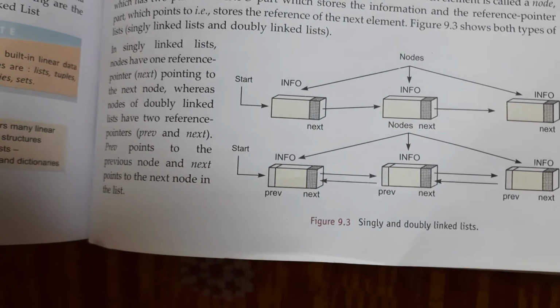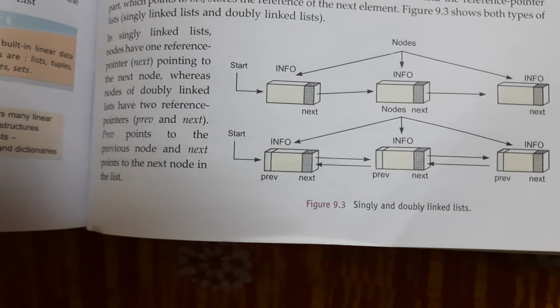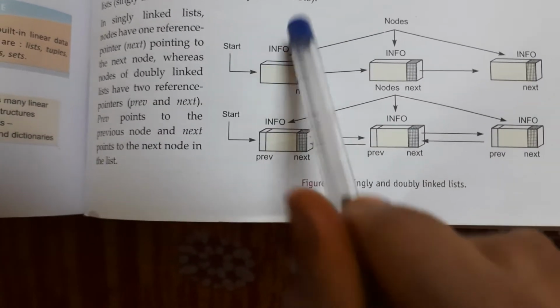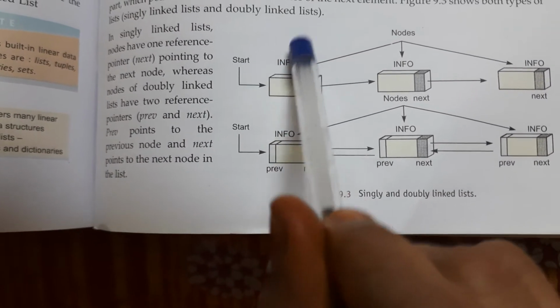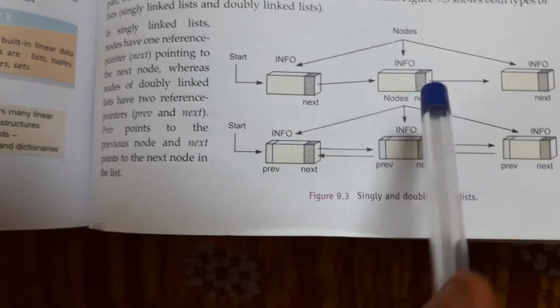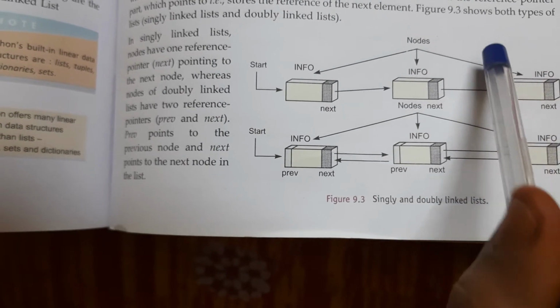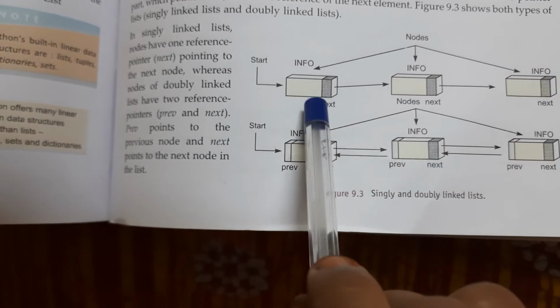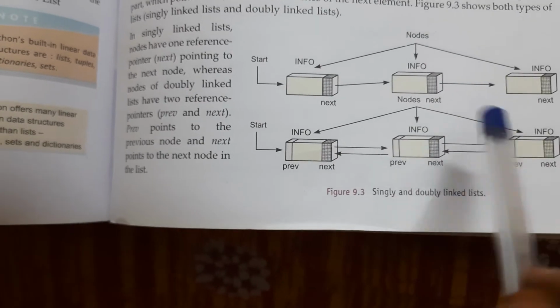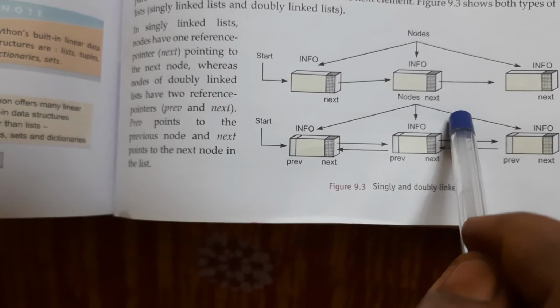They may be stored in different memory addresses. Just for example, suppose the first node is stored at memory address 1000, this one is stored at 2000, and this one at 5036. But all these are under a single list. How can I connect all these elements under the single list?